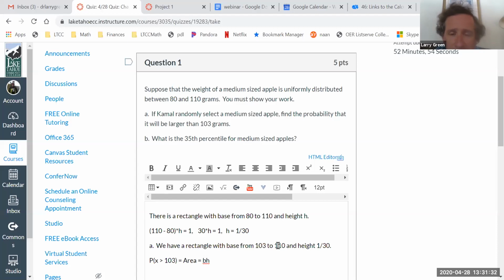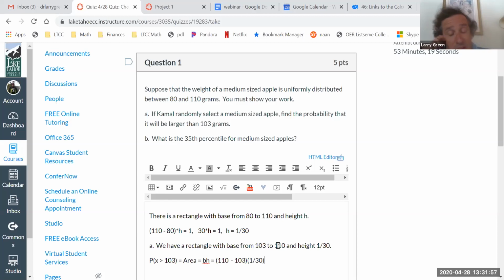Have I lost anyone yet? Any questions? And that is equal to the base. Well, the base is going to be 110 minus 103. So it's always the right minus the left. The height is 1 over 30.